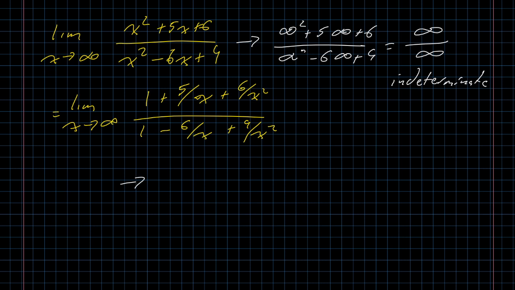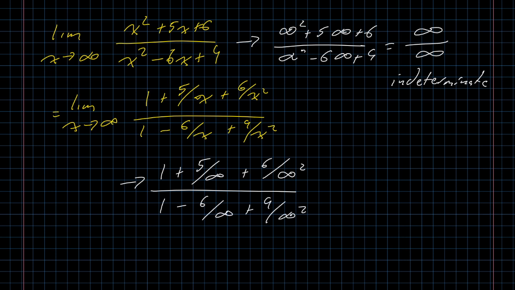And I'm again going to use an arrow here because evaluating at infinity is nonsense, but I'm going to write it that way anyway. So we have 5 divided by infinity. We have 6 divided by infinity squared. We have 6 divided by infinity, and we have 9 divided by infinity squared.